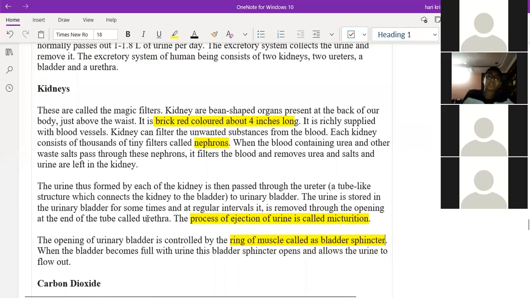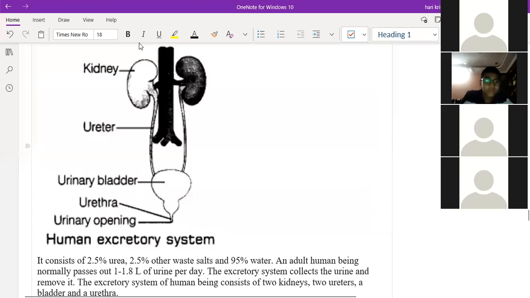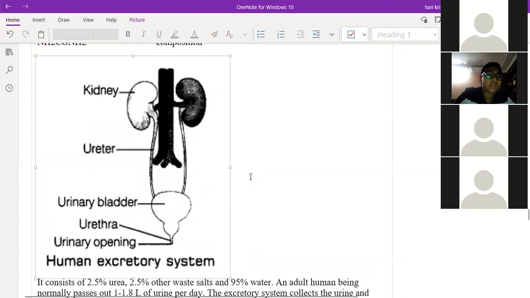Then what is the role of the kidney in the body? To purify the blood, remove the metabolic waste from the blood, purify it and send it out as urine. Good. Harini, what is the role of the kidneys in the body?